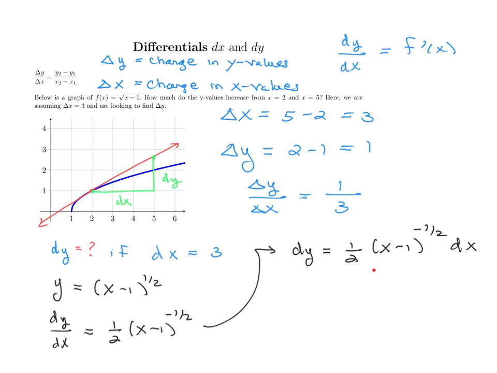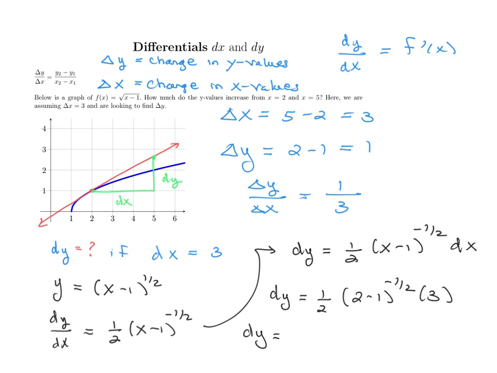We now have an equation that will tell us, if you know dx and you know the x value that we're referring to, which here is at 2, we can figure out dy. I'll put 2 in place of x. I'll put 3 in place of dx, and what will be left over is dy. dy is equal to 1/2 times 2 minus 1 to the negative 1/2 times 3.